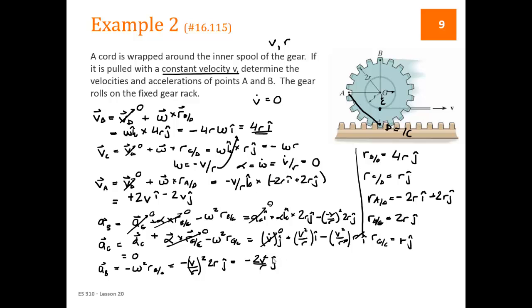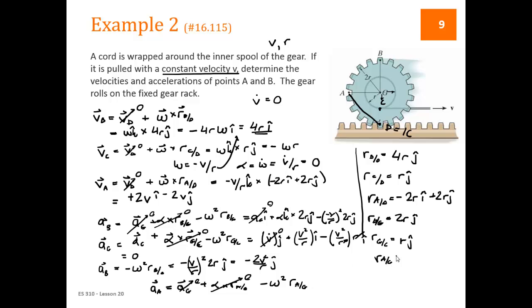We can do a similar thing for AA. So the acceleration of A relative to G: acceleration of G is 0, plus alpha crossed with RAG, alpha is still 0, minus omega squared RAG.